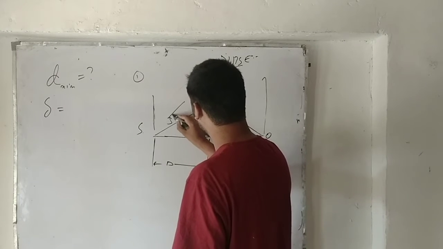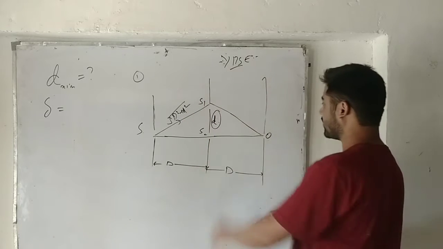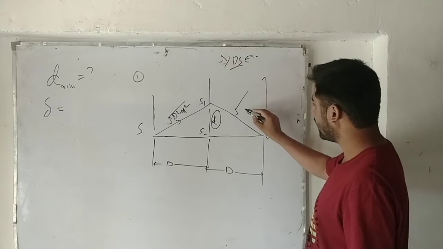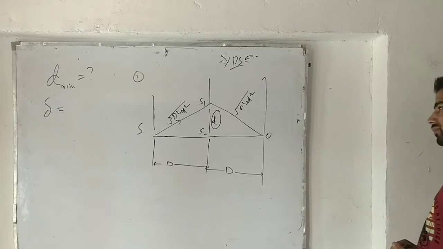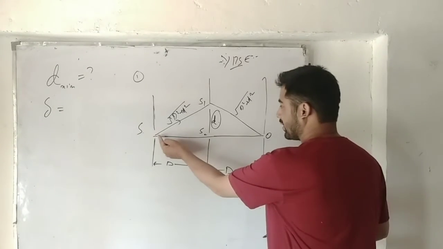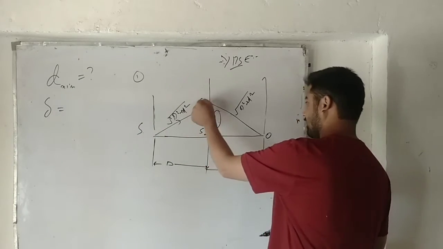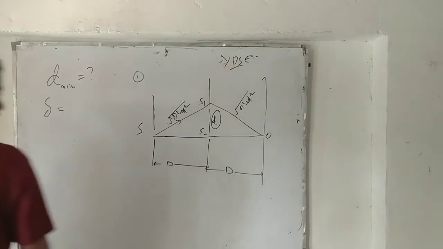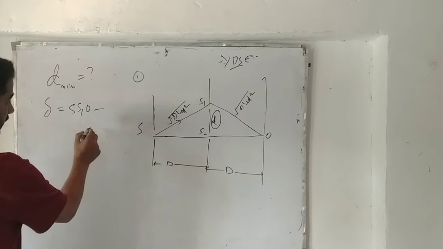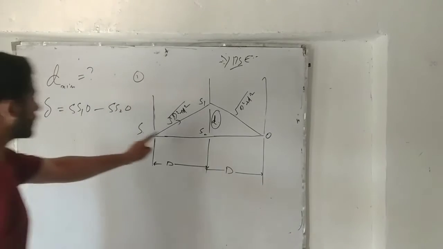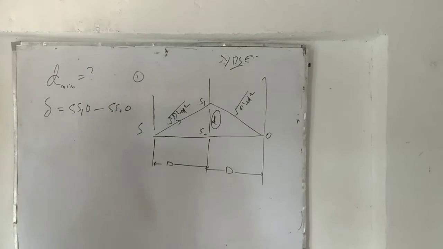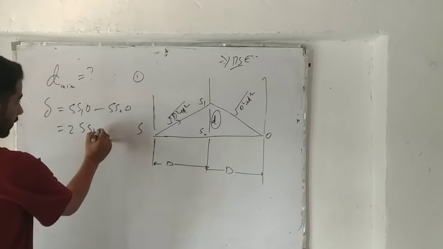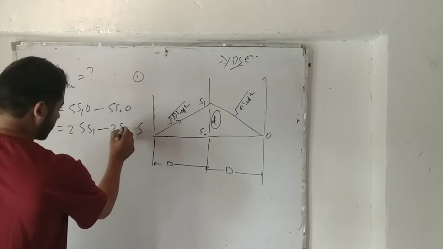So I can easily calculate this distance. It will be the square root of D squared plus d squared, and by symmetry S1O will also be the square root of D squared plus d squared. The path difference will be S1O minus S2O. Including the source, SS1O will be 2 times SS1, minus SS2O, which will be 2 times SS2.